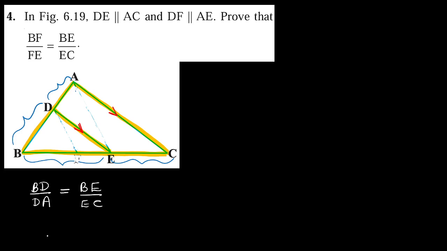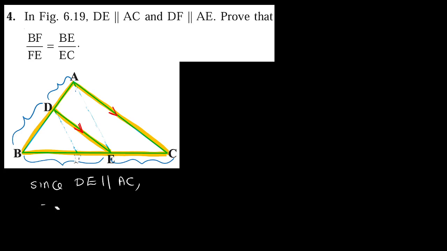Okay. Yes, sir. But the steps are required. If you don't write sufficient steps, you will lose some marks. So what will be the first step? You may write like this. Since DE is parallel to AC, I can write AD by DB, or BD by DA.